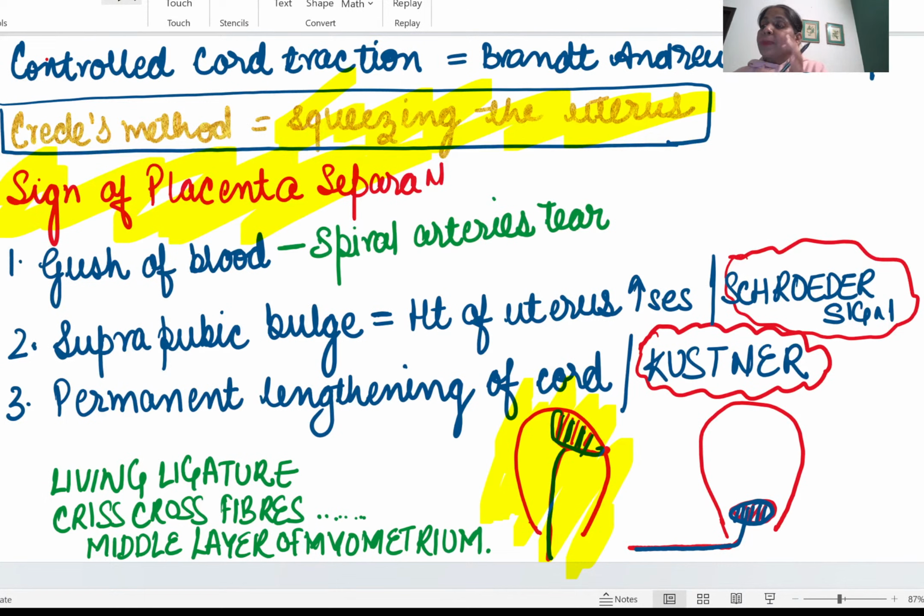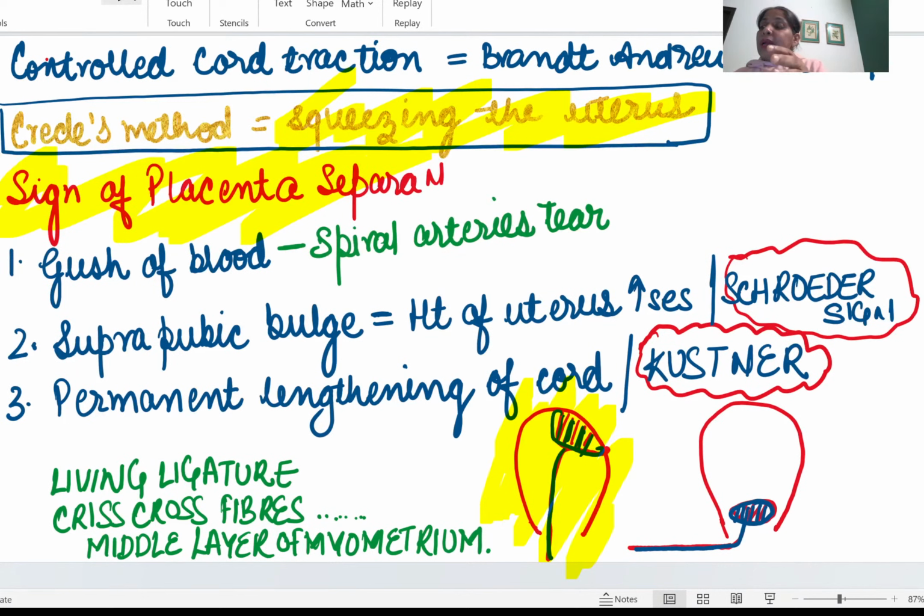Due to the spiral artery tearing, later on the myometrium will contract and the bleeding will stop. The fibers of the myometrium are naturally arranged in a crisscross pattern.